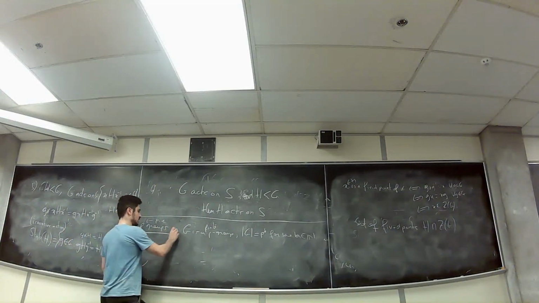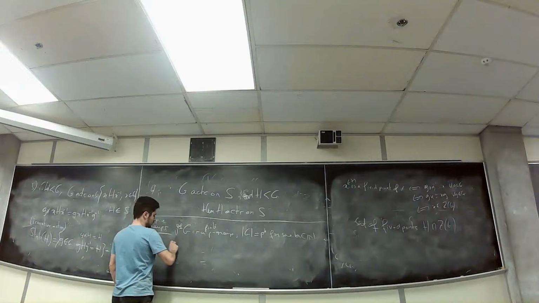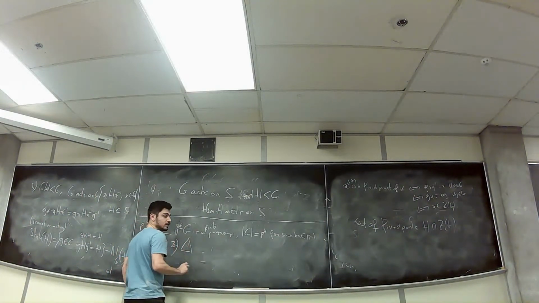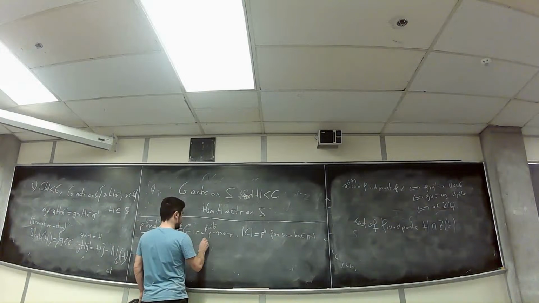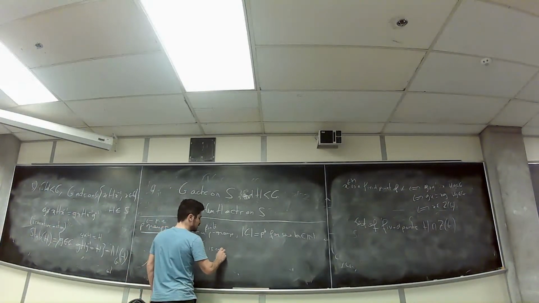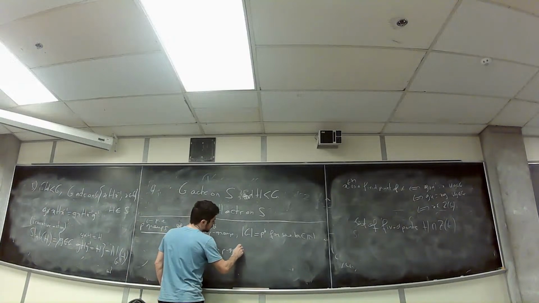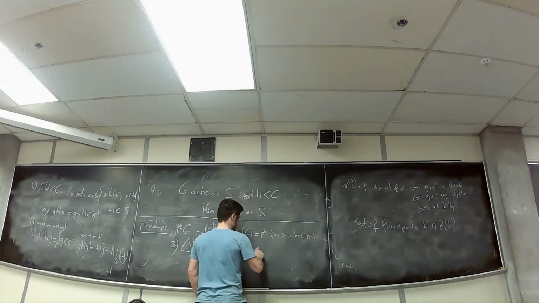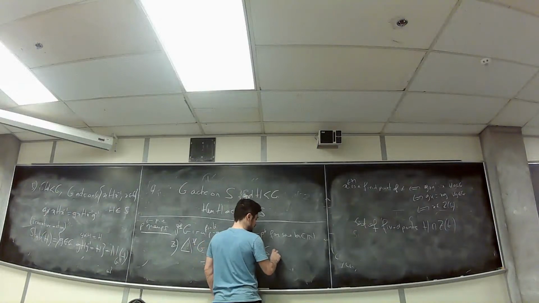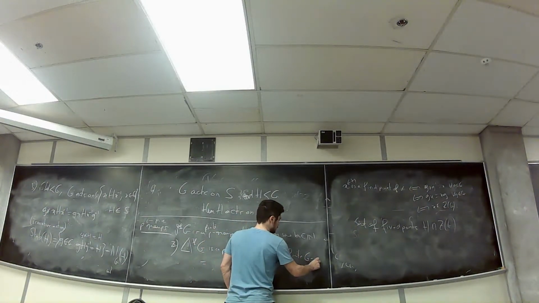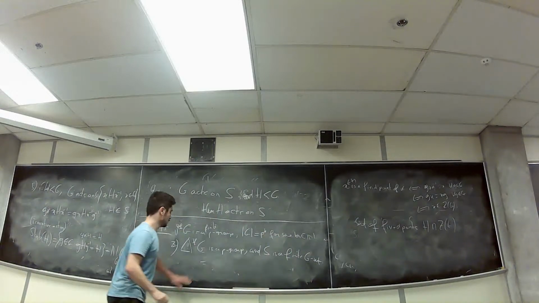Then the very important theorem, you should know how to prove it and to use it. If G is a P group, and when I say P group, P is prime always. G is a P group and S is a finite G-set.